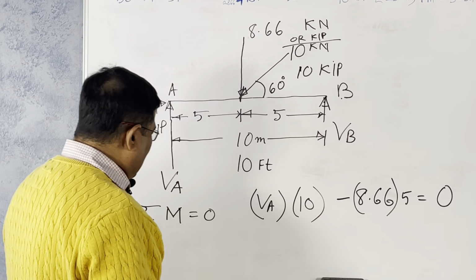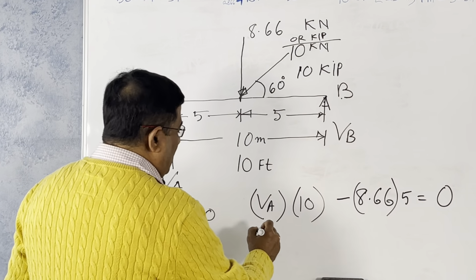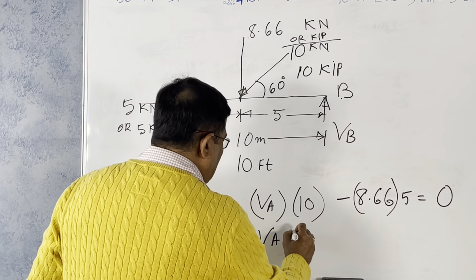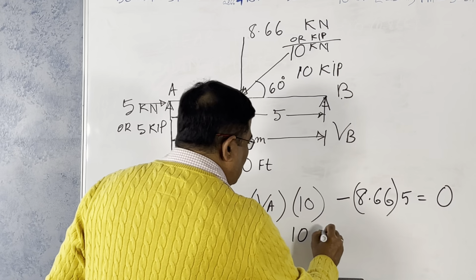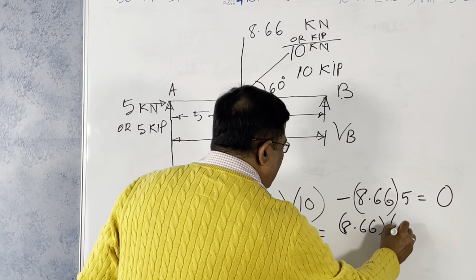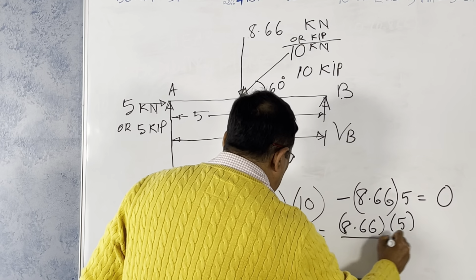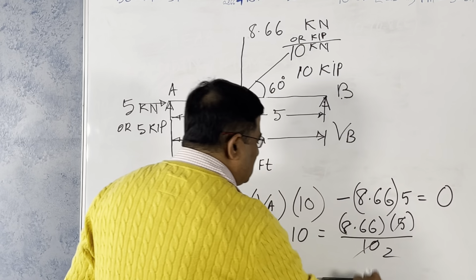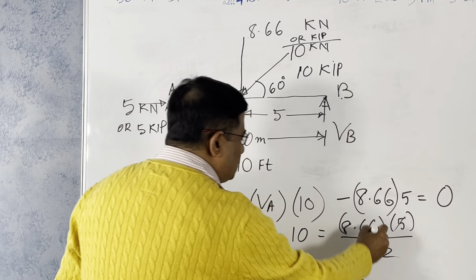So VA times 10 equals 8.66 times 5, divided by 10, and cancelling out, it is 4.33.